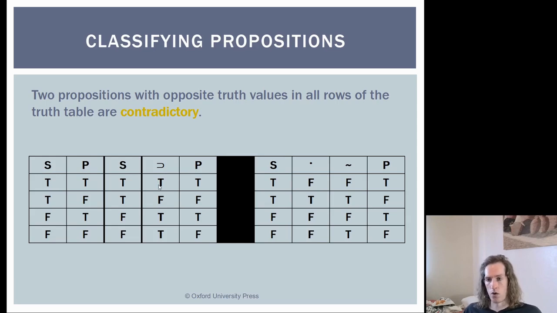So we can see that when the horseshoe is true, the dot is false, and when the conditional is false, the conjunction is true. When the conditional is true here in the third row, the conjunction is false, and in the fourth row, when the conditional is true, the conjunction is false. So in every single row, they have completely opposite truth values. So we can say that these two propositions are themselves contradictory. All right.